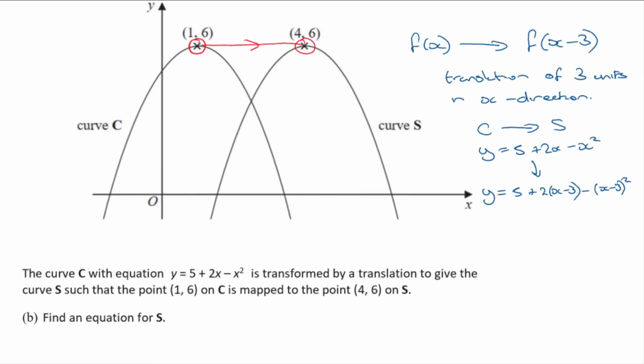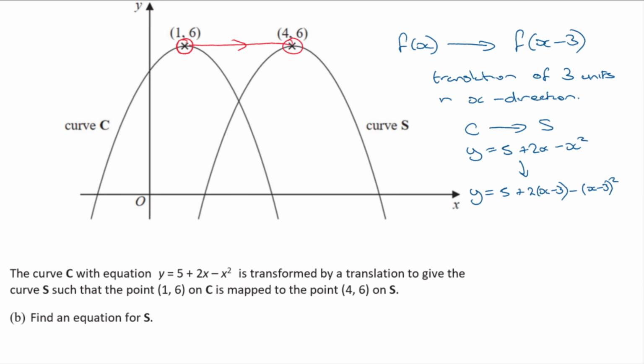I'll just budge this over because I think it might be falling off the edge. So y equals 5 plus 2 lots of x minus 3 minus x minus 3 all squared. So basically every time we saw x in here, which is here and here, I'm going to replace it with x minus 3. So the 2x became 2 times x minus 3 and the minus x squared became minus x minus 3 all squared.